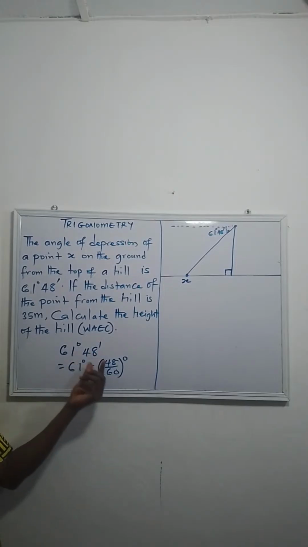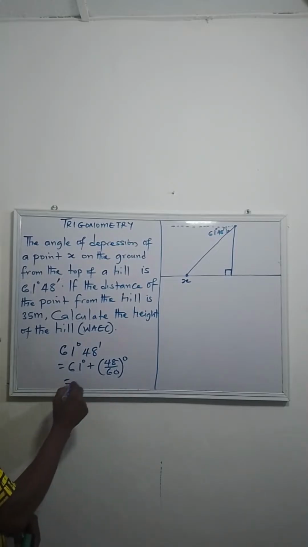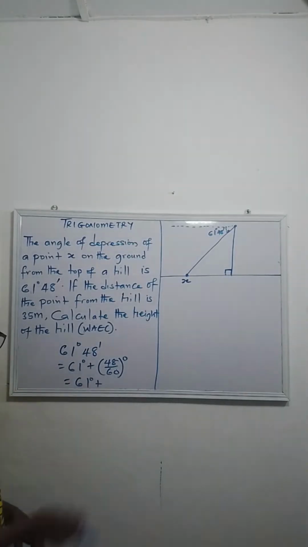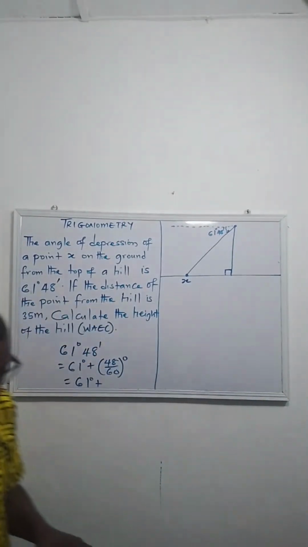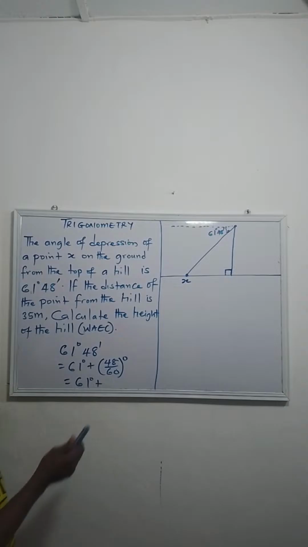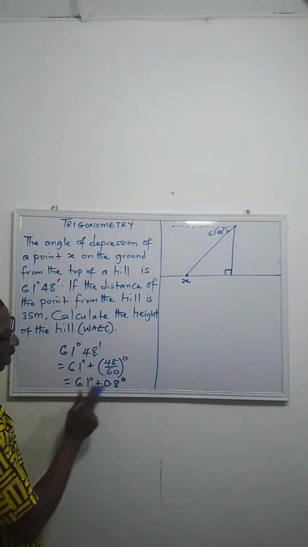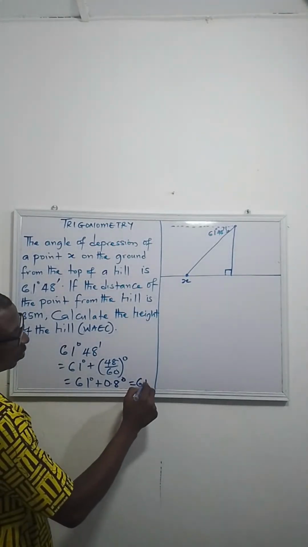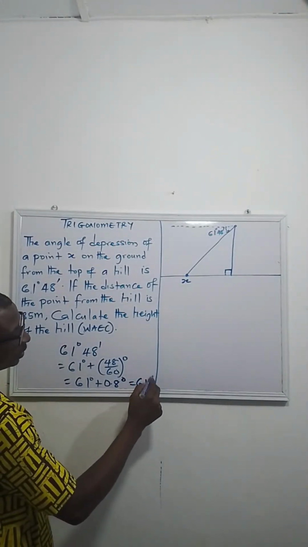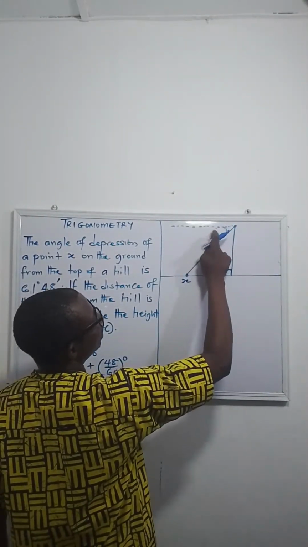So this is going to give you 61 degrees plus, now when you divide that, 48 divided by 60, you have 0.8. So that's going to give you 0.8 degrees. When you add together, that is 61.8 degrees.